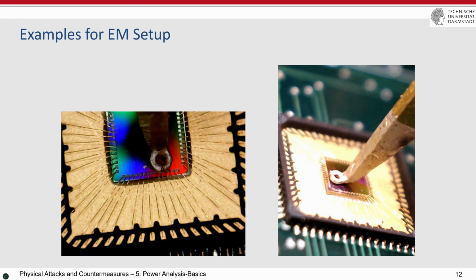With these localized EM probes, usually the attacks are stronger than the power analysis attacks because it's localized. If you find a good spot, then you have the radiation or activity of one part of the circuit instead of power consumption, which is the activity of the entire circuit.